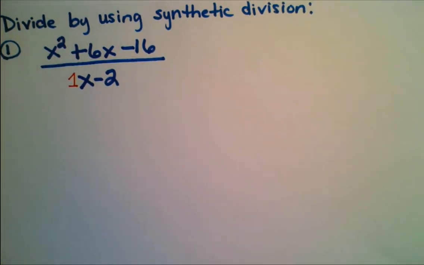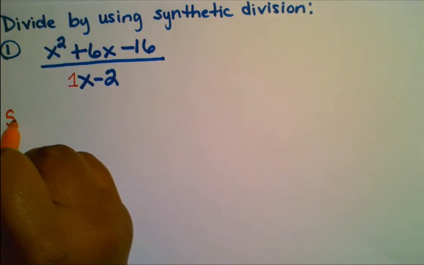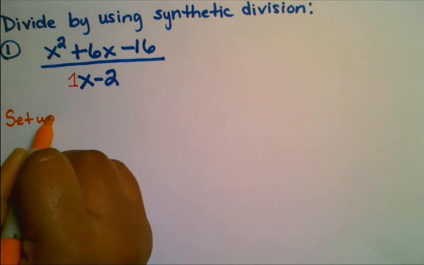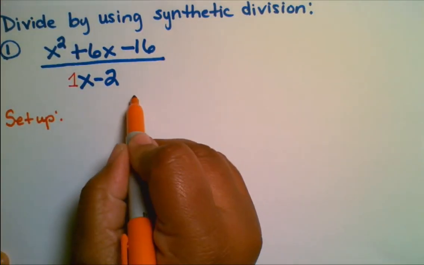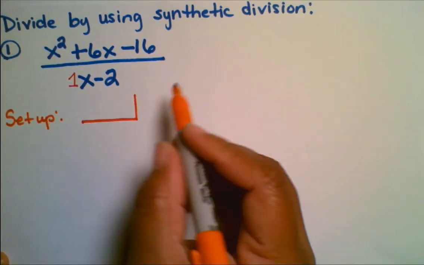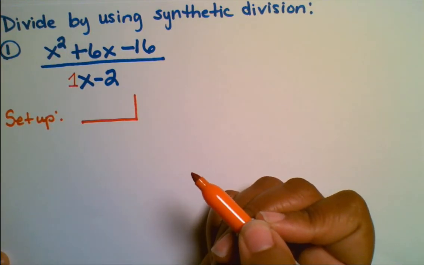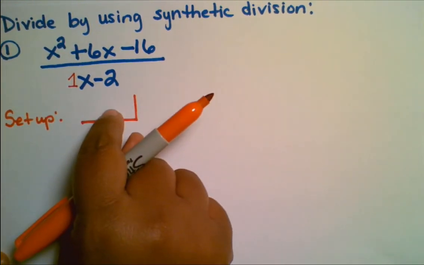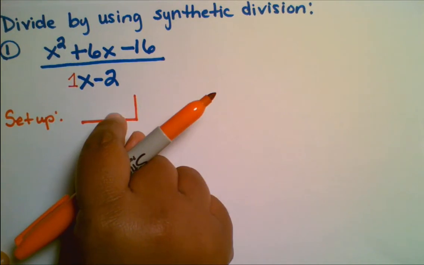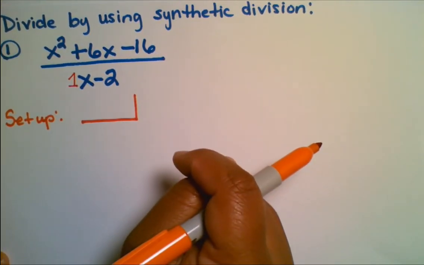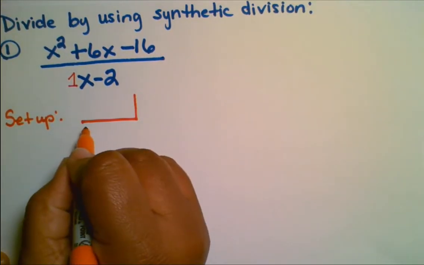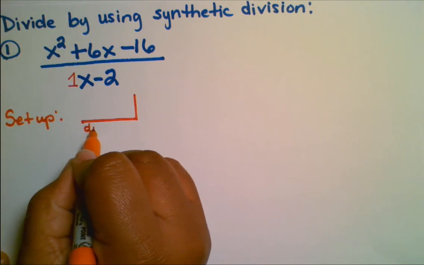So how would you set up a synthetic division? This is how you would set it up. You're going to draw a reversed long division box, and that box will be your divisor. Let me just write this under here.